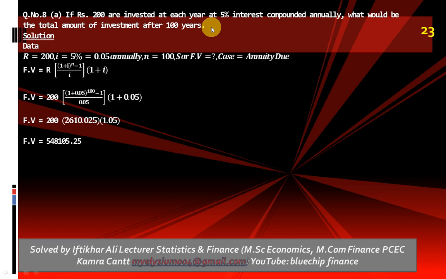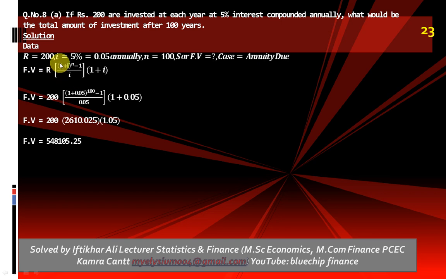But we are assuming that it is a case of annuity due, because a lot of times we calculated ordinary annuity future value. So in this question I am considering that we will calculate future value under the annuity due method.